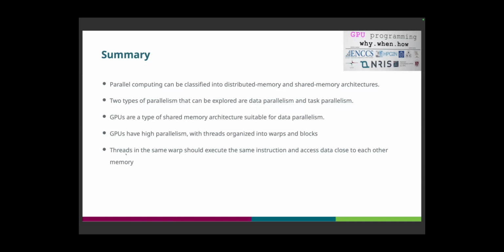Because of the way the hardware is organized in the GPUs, the threads also have a hierarchy. These threads, physically, are locked in small groups called warps or wavefronts. And the idea is that all the threads in the warp have to do the same operation. So we should try to avoid branching inside the warp.